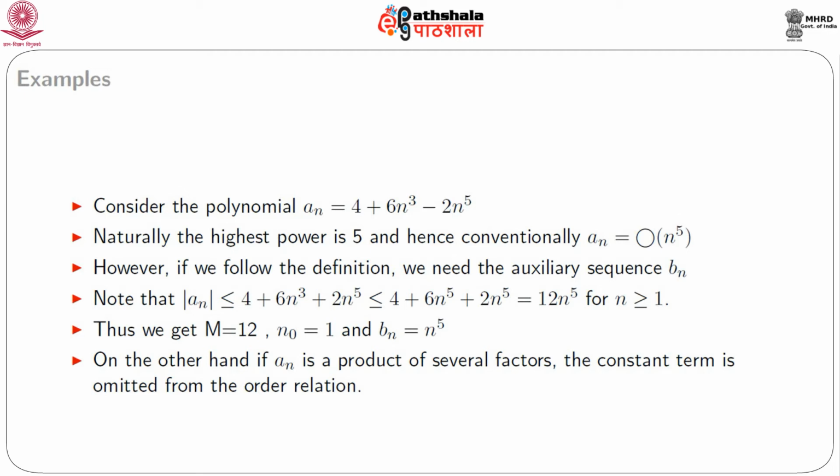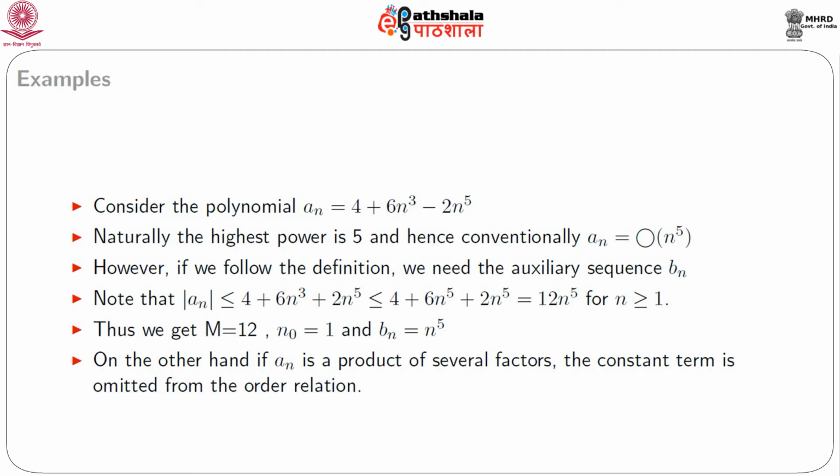Actually, by means of this example, we shall show the choice of n naught and capital M. Naturally, here the highest power is 5, and hence conventionally a_n is big O of n to the power 5. However, if we follow the definition, we need the auxiliary sequence b_n.